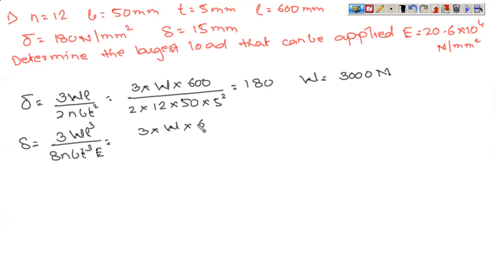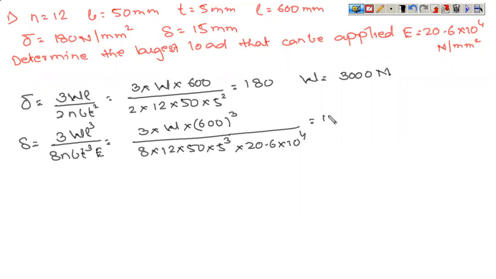L cube is 600 cube divided by 8 into n is 12, b is 50, t is 5 cube, and E is 20.6 into 10 to the power 4. Now this is equal to 15 mm. So if you solve this, you have W is equal to 2861 Newton.